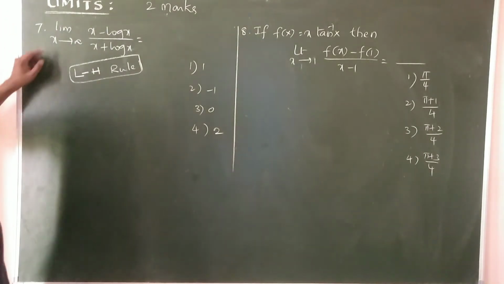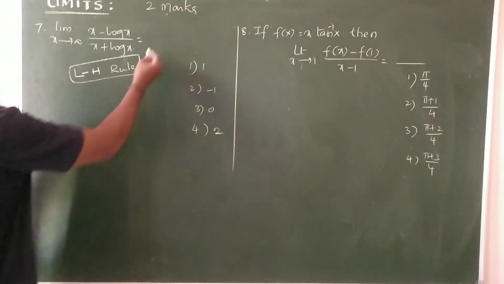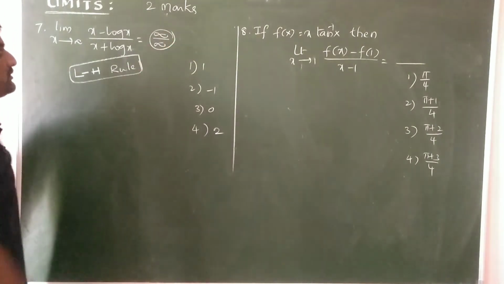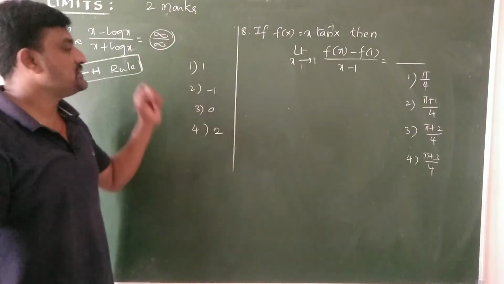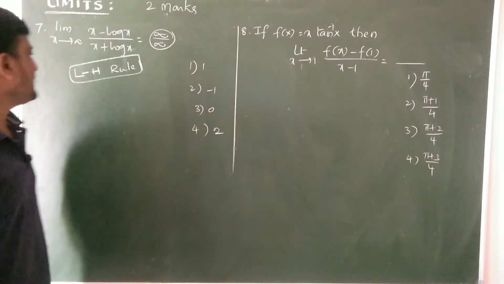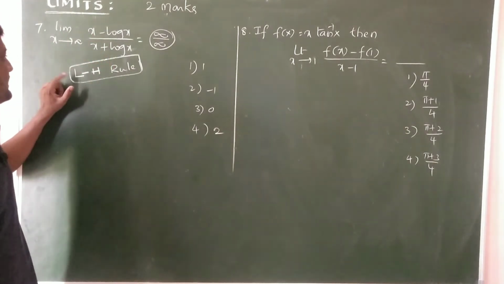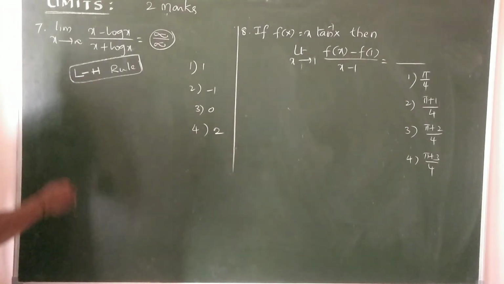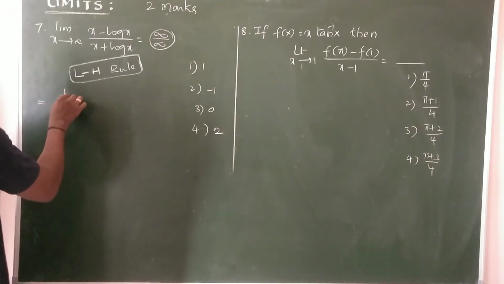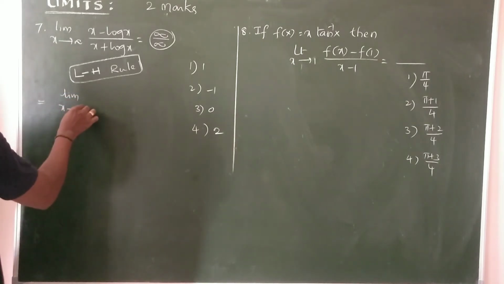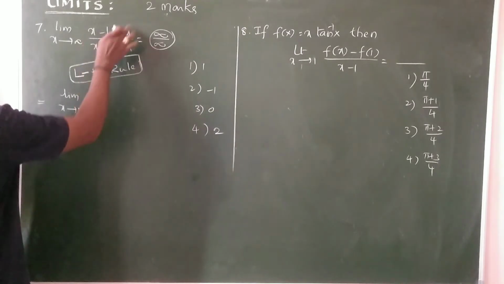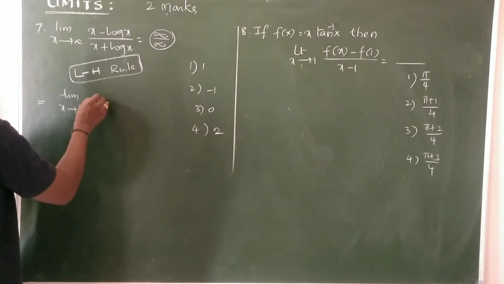If x tends to infinity, definitely we will get infinity by infinity form, yes or no? So when we have 0 by 0 or infinity by infinity form, we can apply this rule, the L'Hospital rule. By L'Hospital rule we can convert the function into the derivative of the function. Suppose it is f of x, then it becomes f dash x.